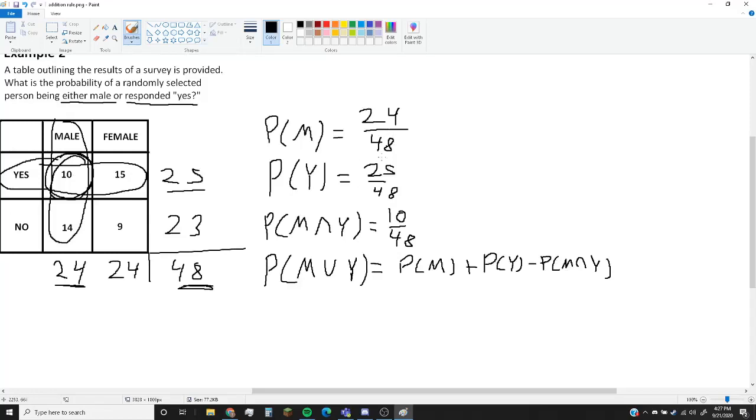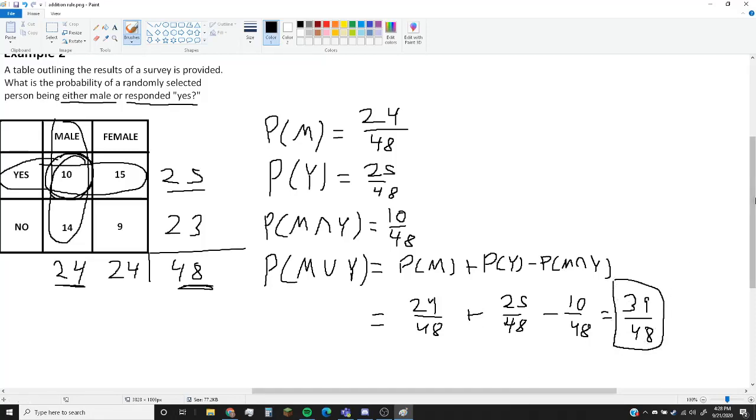So we can plug in the numbers that we know now. The probability of male is 24 over 48 plus the probability of yes, which is 25 over 48, minus the probability of M intersect Y, which is 10 over 48. And this gives us a final answer of 39 over 48.